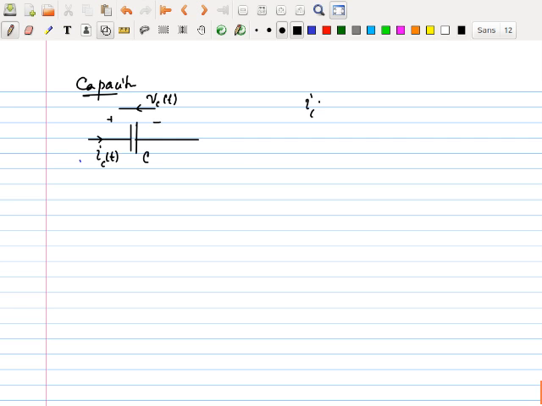You have IC of t is equal to C times dVc over dt. This is the expression that correlates how the current and the voltage are going to change across a capacitor.